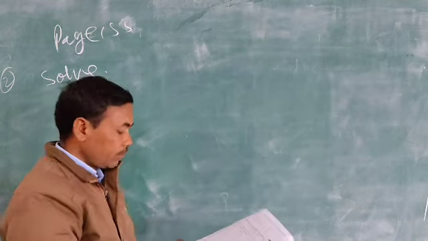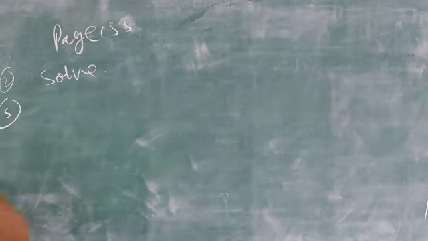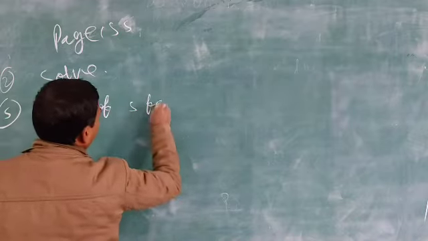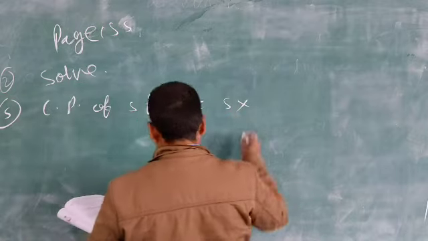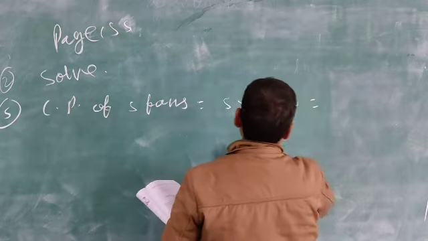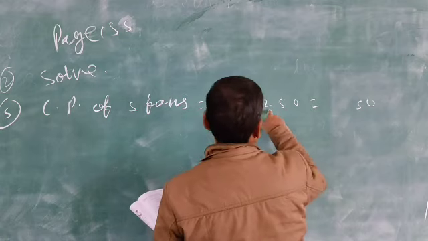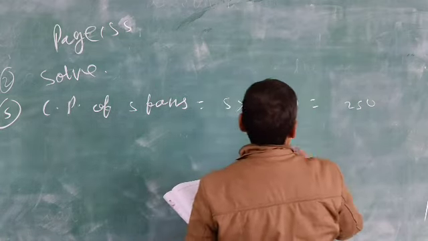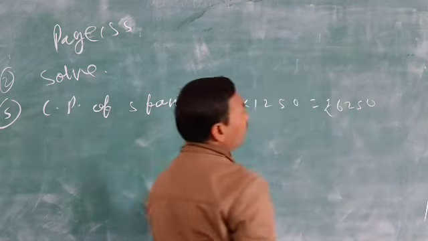So now come on here. CP of 5 fans: 5 multiplied by 1250. 5 times 0 is 0, 5 times 5 is 25, 5 times 2 is 10 and 2 carried makes 12, 5 times 1 is 5 and 1 is 6. That is 6250.